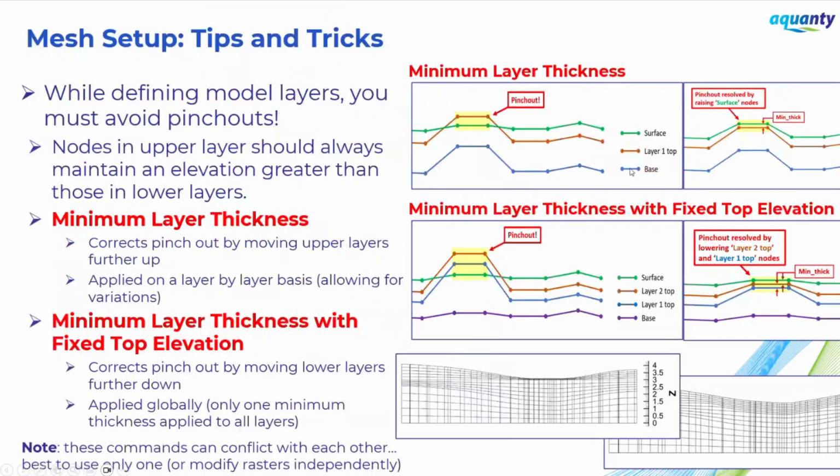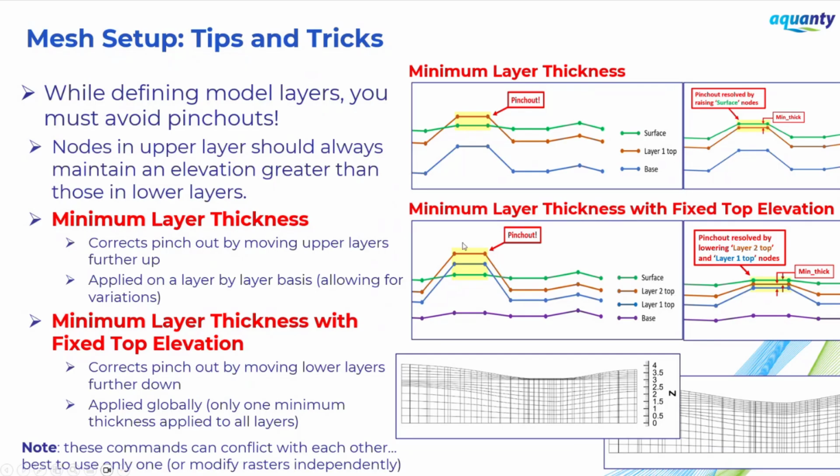So for example, this slide just illustrates what happens when there's a raster pinch out. If your raster files ever intersect, it's not possible to have a negative layer thickness or a 0 layer thickness. The layers must be continuous throughout the entire model.